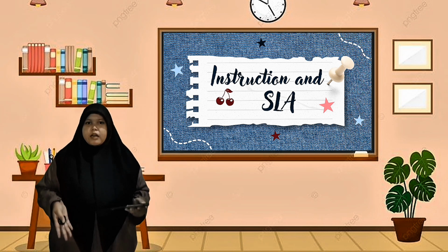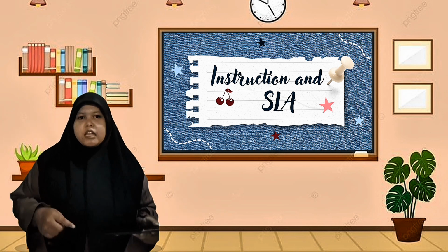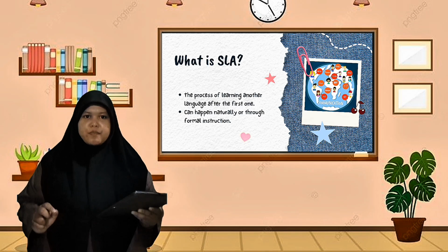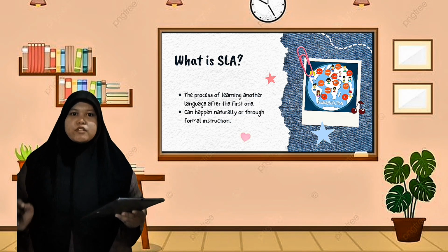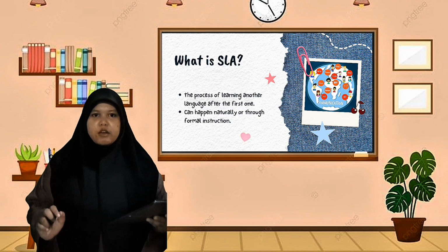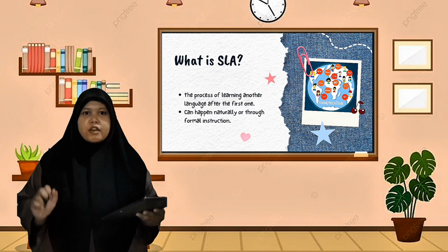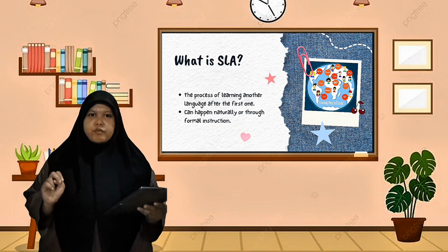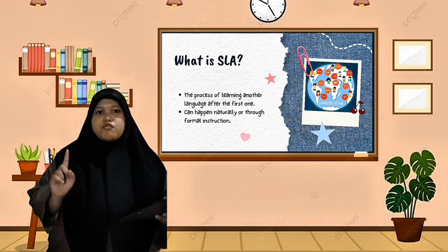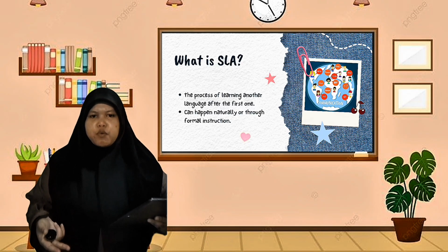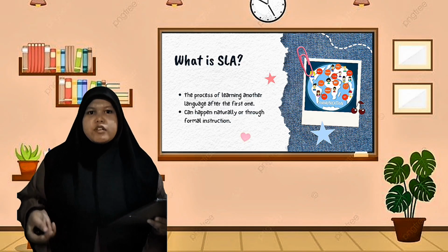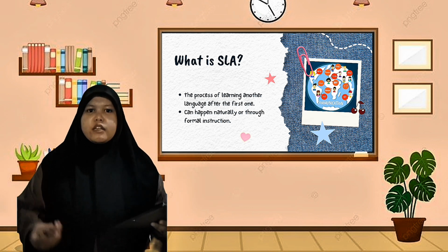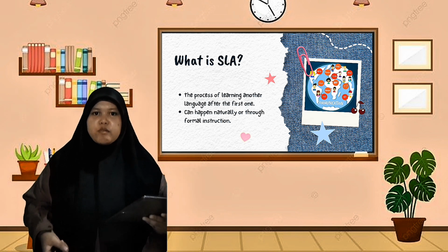Before we go deeper, let's recall what SLA, or second language acquisition, actually is. Second language acquisition refers to the process of learning a second language after acquiring the first language. People can learn a second language in two different ways. The first one is through natural acquisition, which happens naturally through exposure, like watching movies, talking to people, or living in an environment where the target language is used.